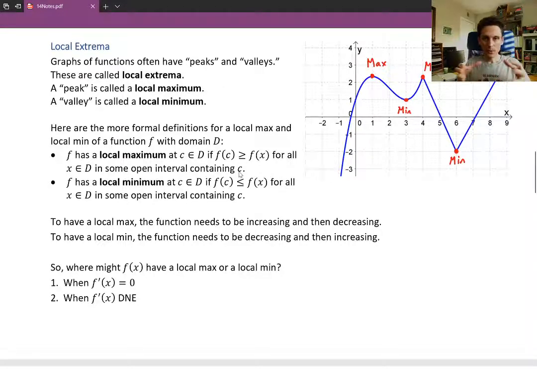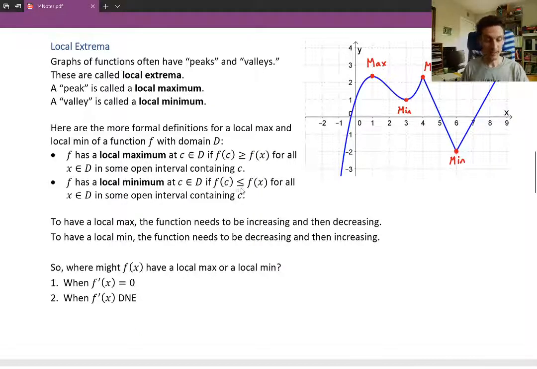So just locally around, the open interval containing c is just locally around x equals c. It doesn't have to be the whole domain, just has to be the x values that are close by c. So basically it's just saying if it's the biggest function value in the neighborhood, then that's a local max.